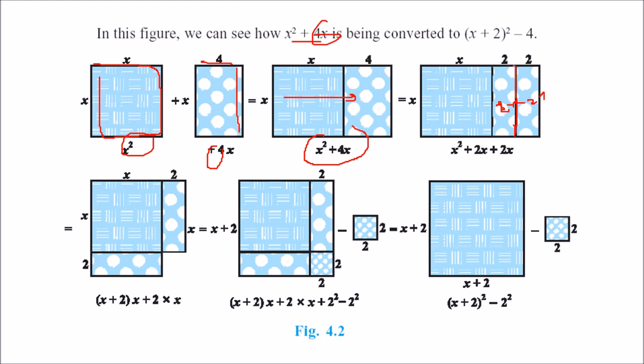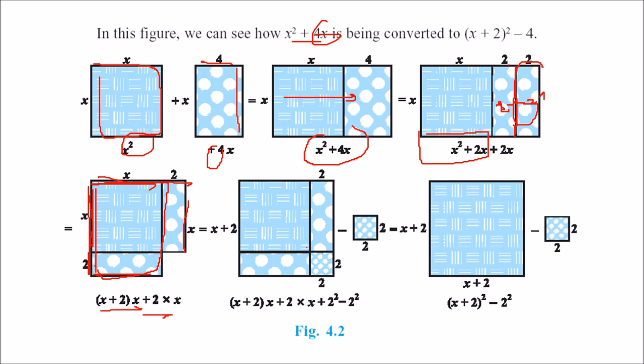Now this 2x part can be taken to this side. So what does this area become? This becomes x plus 2, and this is x. So the area becomes x plus 2 into x, plus this one, 2 into x, because this is remaining. So this becomes x plus 2 into x plus 2 into x.